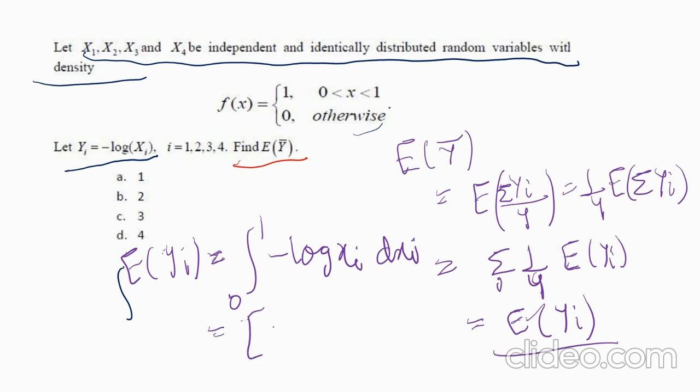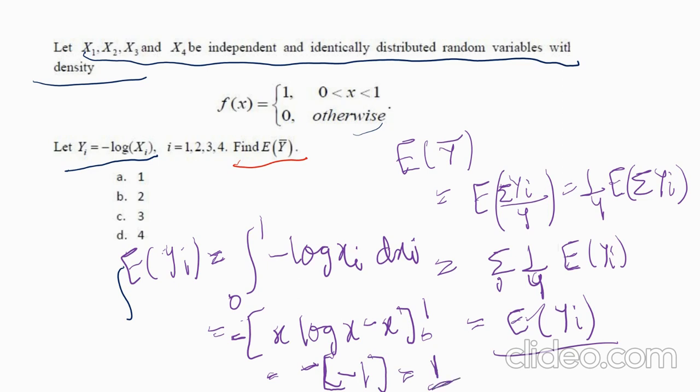The integration of log x is x log x minus x from 0 to 1. At 1, log 1 is 0, and at 0 it will be 0. So we are left with only minus 1, and with the minus sign it will be 1. So the expectation of y bar is equal to the expectation of yi, which is 1.